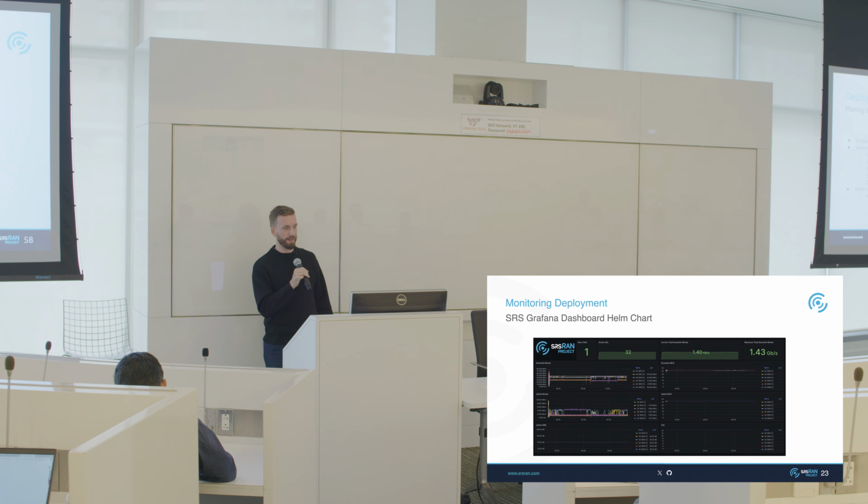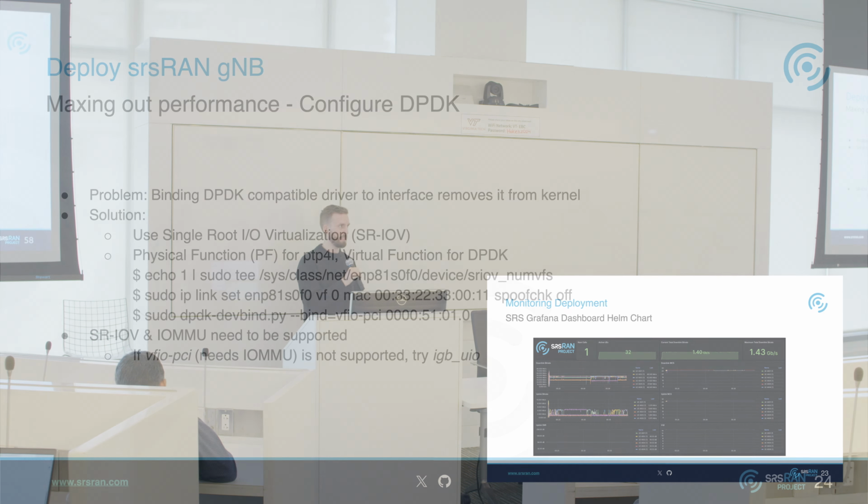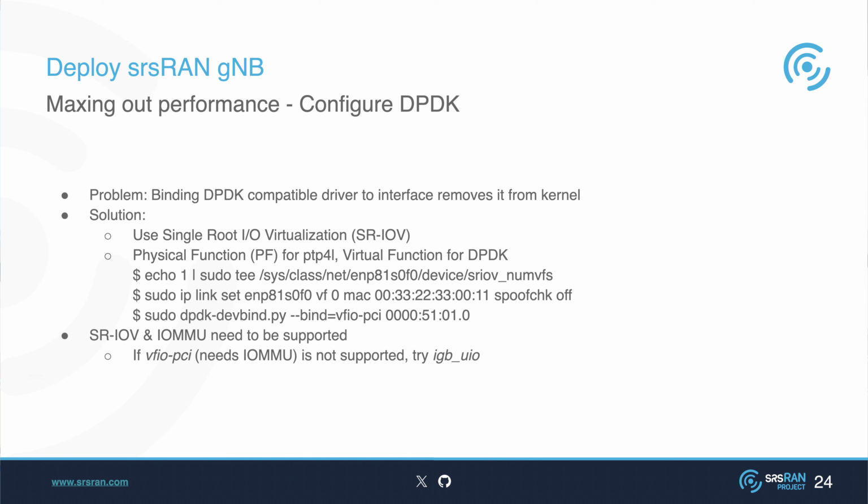Something else that I've stumbled upon in the past is that first of all, SR-IOV needs to be supported by the hardware, but also IOMMU needs to be supported if you want to use the VFIO PCI driver.